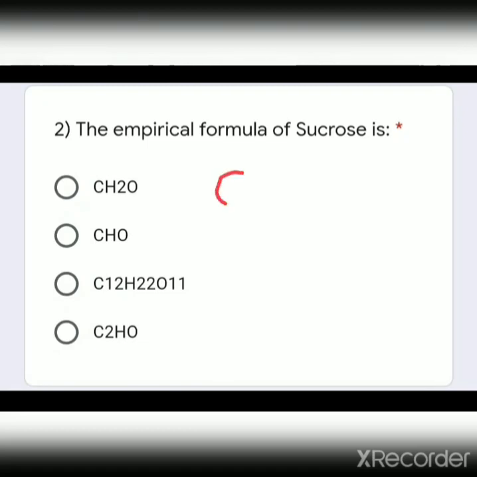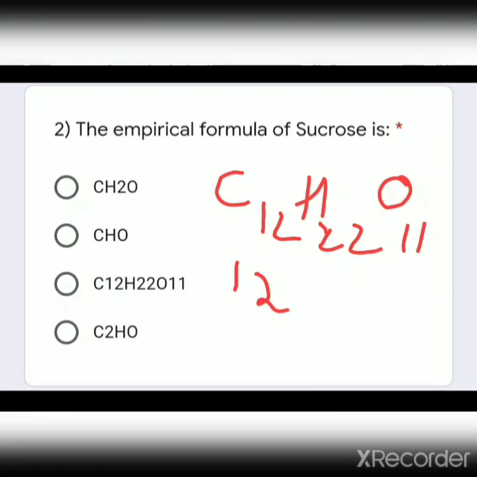That is C12H22O11. This is the molecular formula for sucrose. Now take the ratio here, 12:22:11. Now take it to the simplest form. You cannot reduce it to a simpler form further. So this is the simplest form.